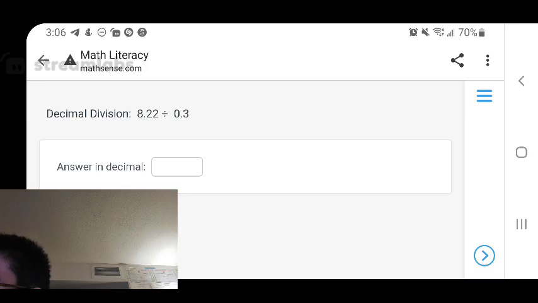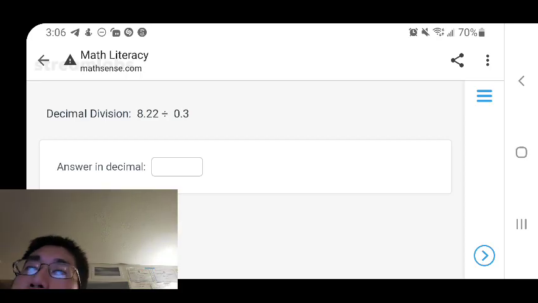So 2, 6, 7 and 4. I would check this. Or I can do it backwards. 3 times 4 is 12. 21, 82. Yeah, that's right. 27.4 should be the answer.